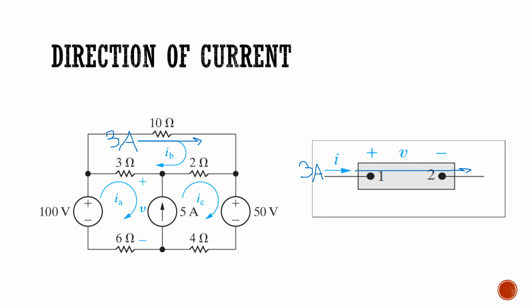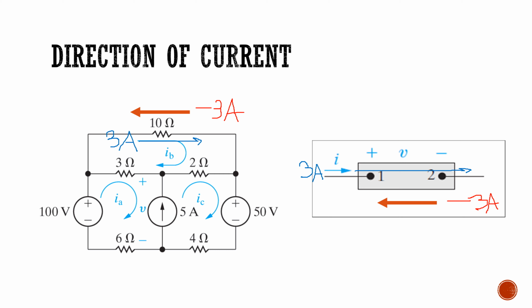If I were to change the direction of flow from left to right to right to left, now what value would we give to the current? We would give the value of minus 3 amps. So when we change direction, we change the sign of the current value.